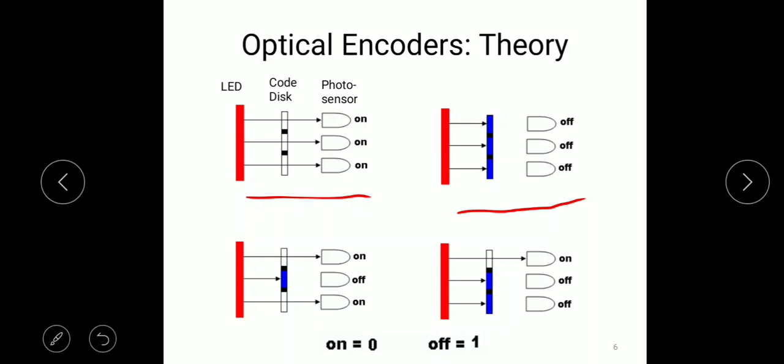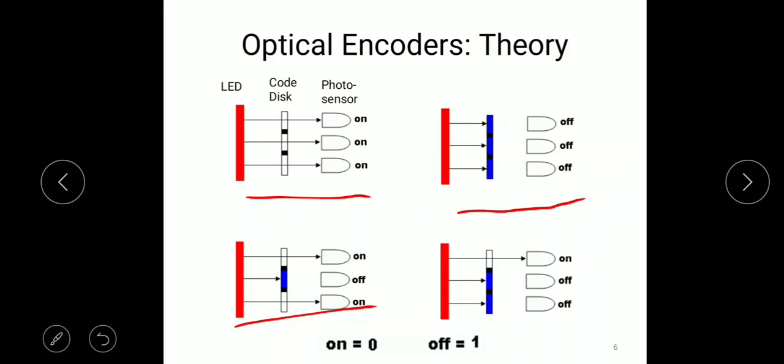In the third, two positions pass the light and the center position is opaque, so the light is not passed at the center, and the output will be on, off, on.